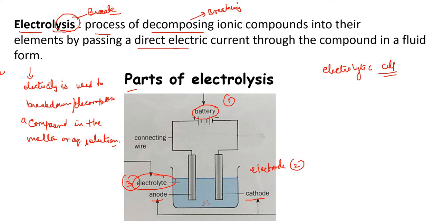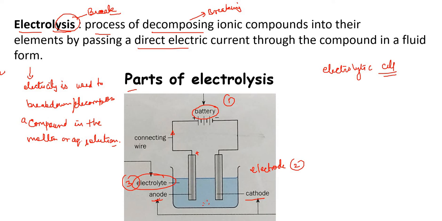So why do we use a battery? A battery is used as a power source, and here it acts as an electron pump which draws the electrons away from the anode. When it draws the electrons away from the anode, the anode becomes comparatively positively charged.